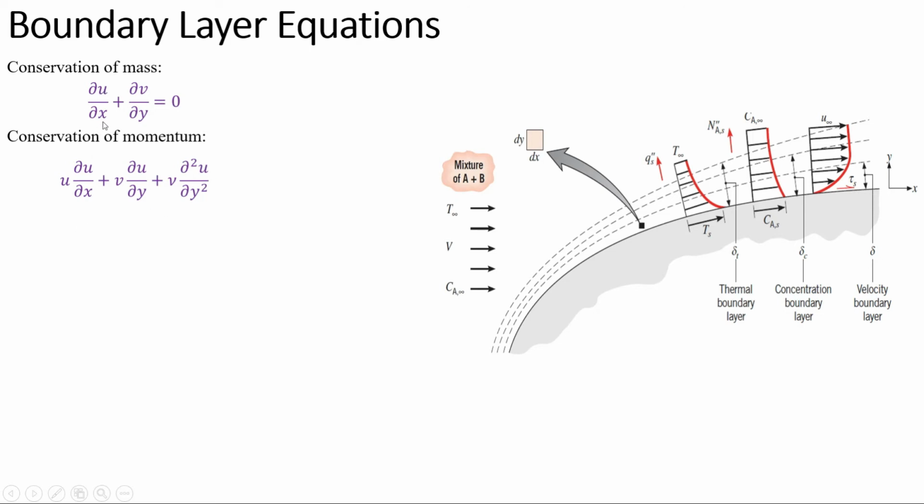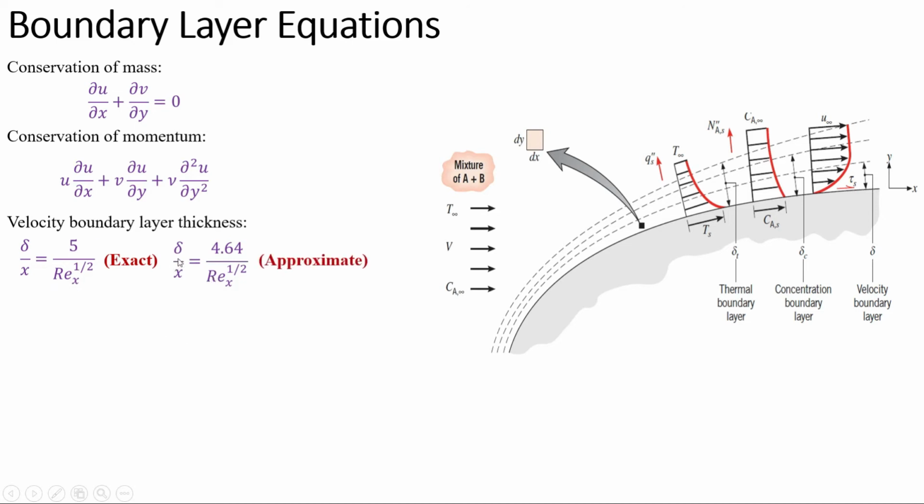These two equations you have learned in your previous fluid mechanics 2 course, and you have also learned that the velocity boundary layer thickness is delta over x equals 5 upon Reynolds number power half, which is the exact solution of the boundary layer thickness. And if you want to approximate the boundary layer thickness, then delta over x is equal to 4.64 upon Reynolds number power 1 upon 2.